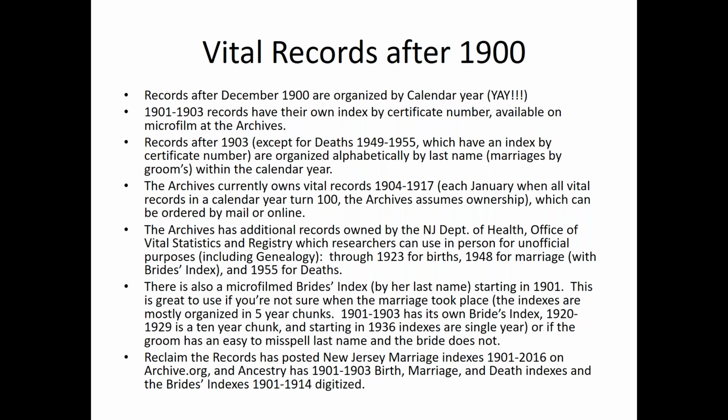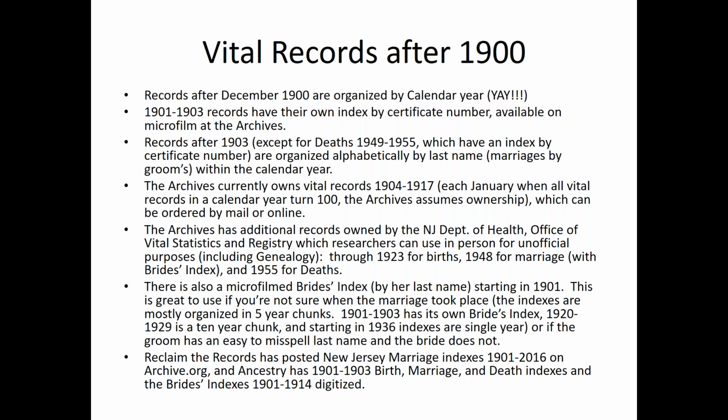Again, Reclaim the Records has posted on archive.org 1901 through 2016. These are both bride and groom indexes, so that's very useful. Ancestry has the 1901 to 1903 birth, marriage, and death indexes, which are also available on microfilm at the state archives.